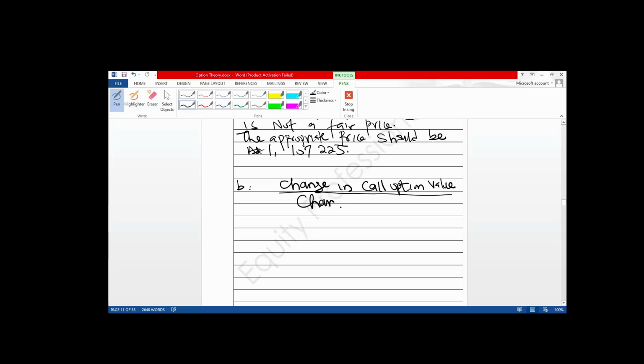The rule says this must be positive. Vega is positive for both call and put option.